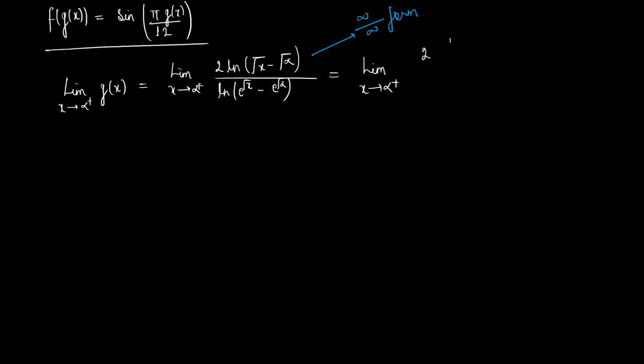it will be giving 1 upon root x minus root alpha into 1 upon 2 root x. Root x will be differentiated further by chain rule, and in the denominator part, e to the power root x minus e to the power root alpha, e to the power root x will be differentiated once more, and after that this will also come there.